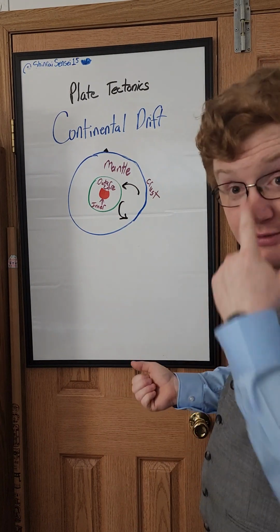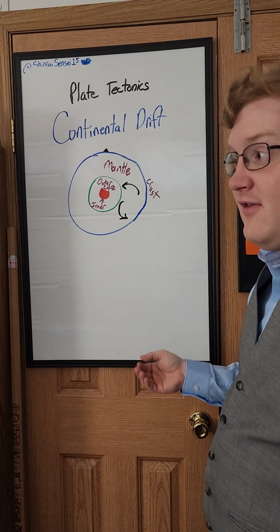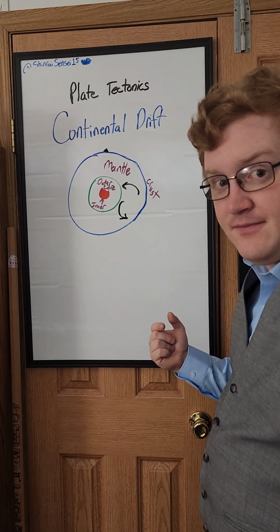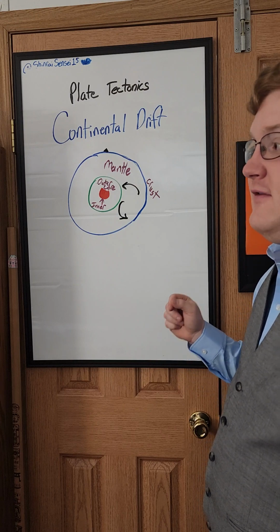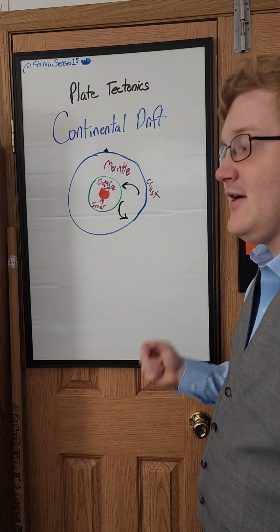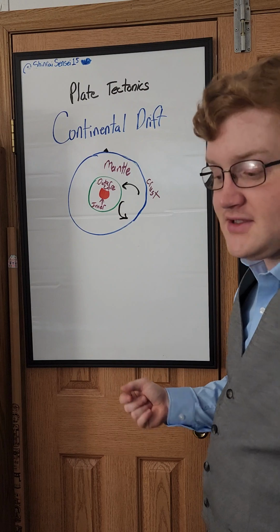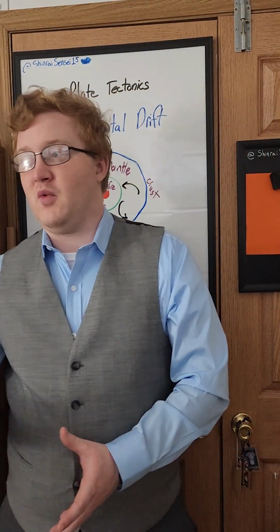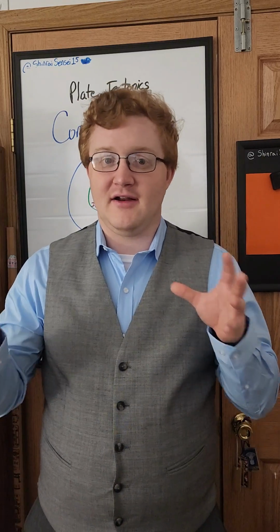Like the Atlantic Ocean was not existent when the dinosaurs first came into being. There was no such thing as an Atlantic Ocean. And by the time the dinosaurs went extinct, the Atlantic Ocean was a legitimate ocean. It wasn't just a small sea that divided the western half of the continent from the eastern half of the continent, right?